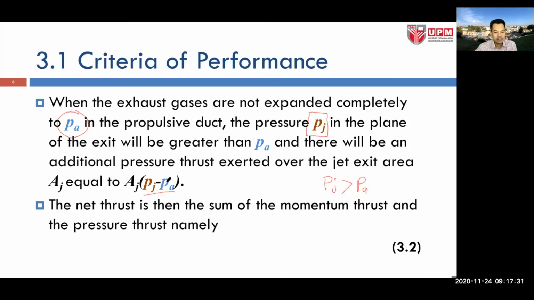And the net thrust is the sum of the momentum thrust as well as the pressure thrust, namely as this equation. So this is the complete jet engine equation as denoted by 3.2. Earlier, 3.1 is just simply assuming that the exhaust gas is fully expanded to atmospheric pressure.